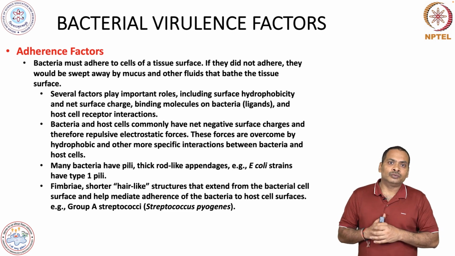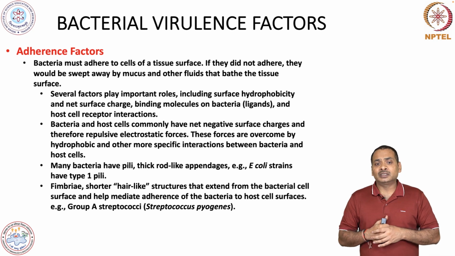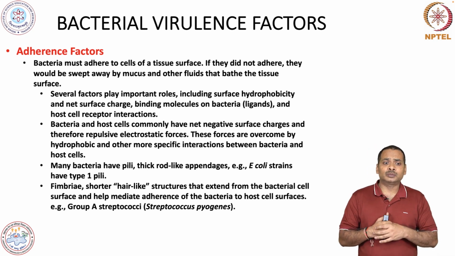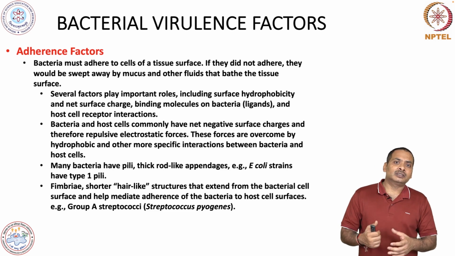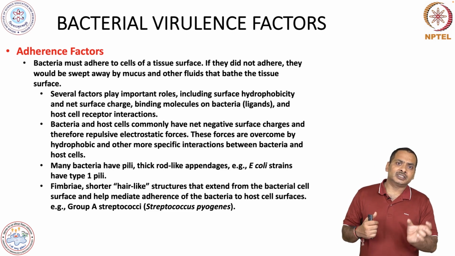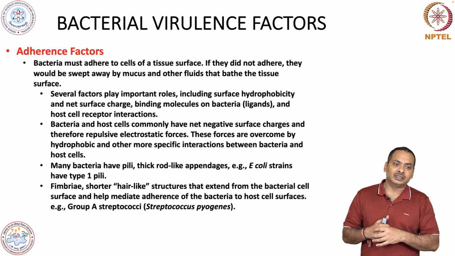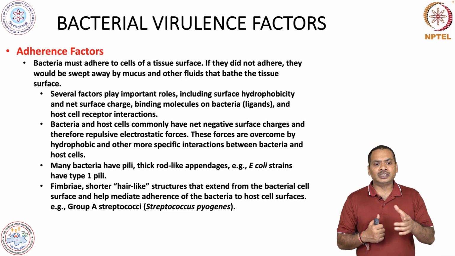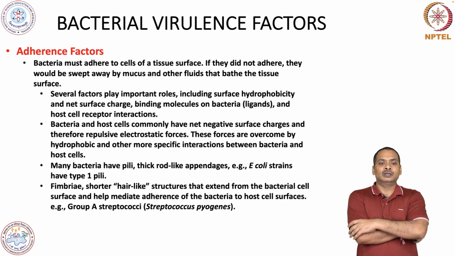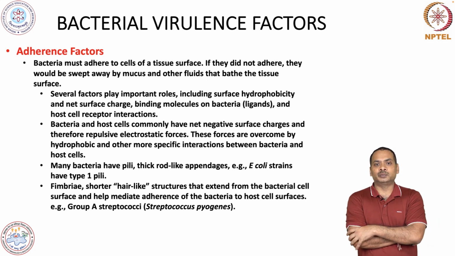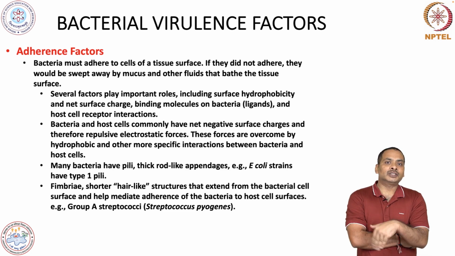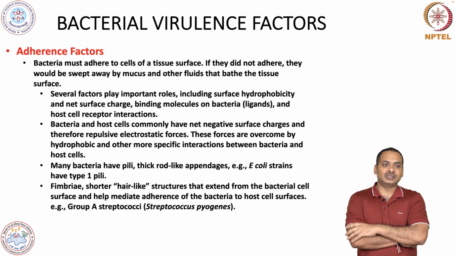And there is a very good example: Streptococcus pyogenes expresses these appendage-like structures, fimbriae, and there is one specific strain which can cause disease, that is group A streptococci of this Streptococcus pyogenes. So, this is the way by which pathogens adhere to the cell.